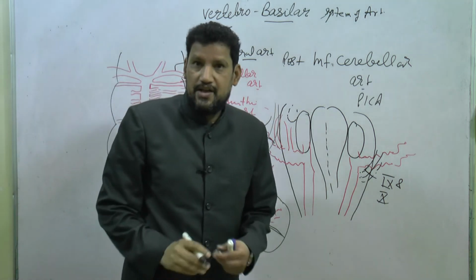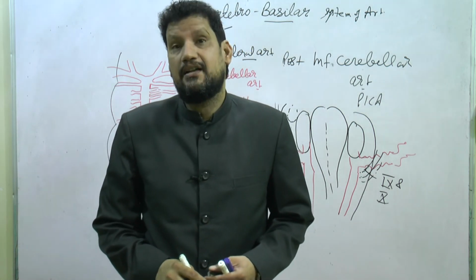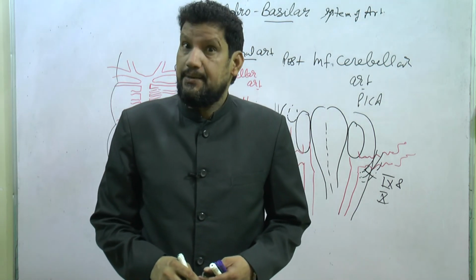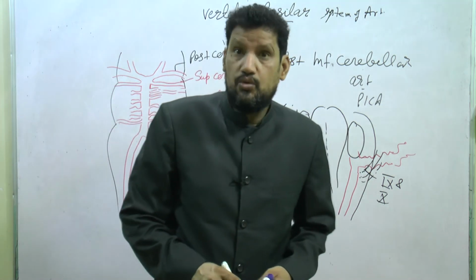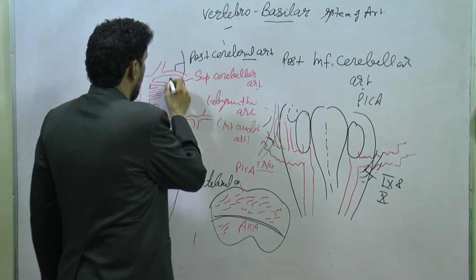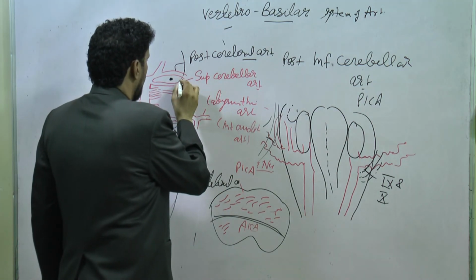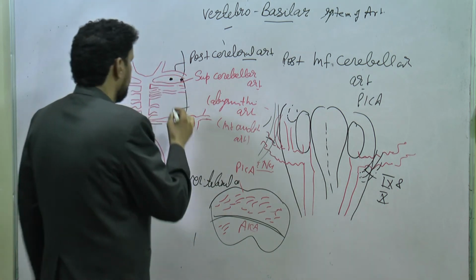These two arteries run laterally and backwards parallel to each other, separated by the oculomotor nerve in the medial part and the trochlear nerve in the lateral part.